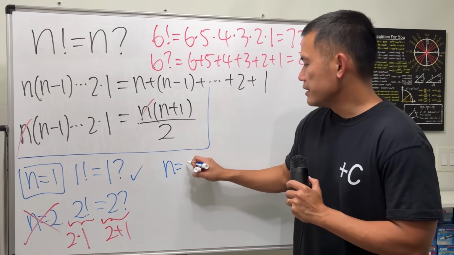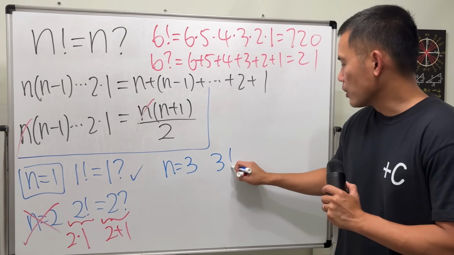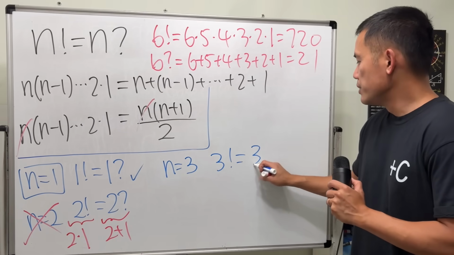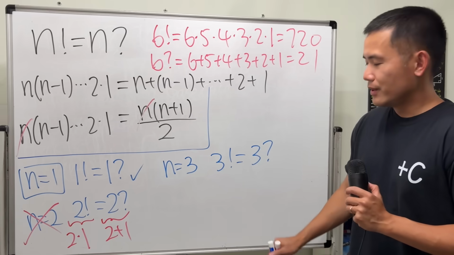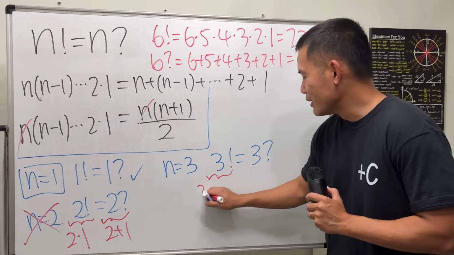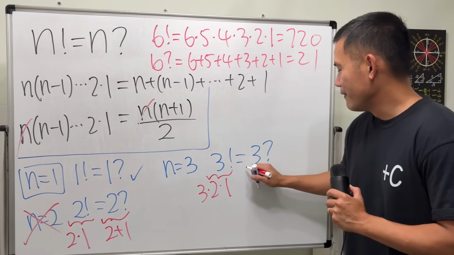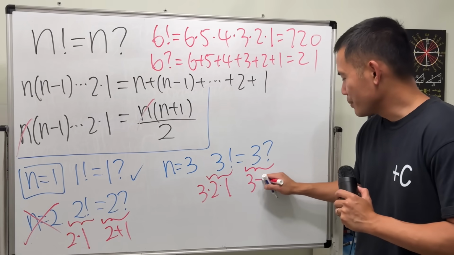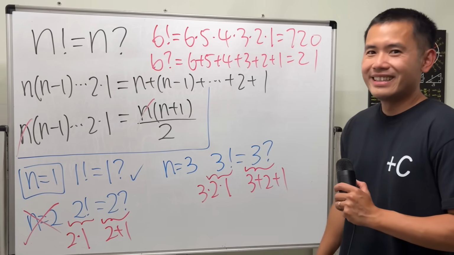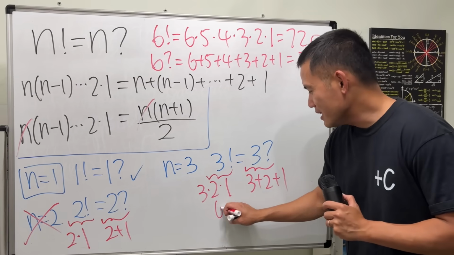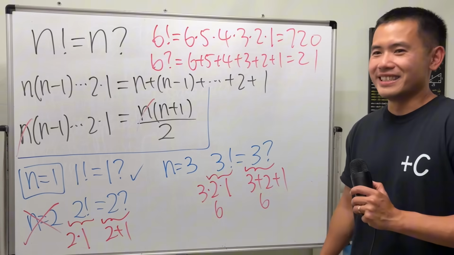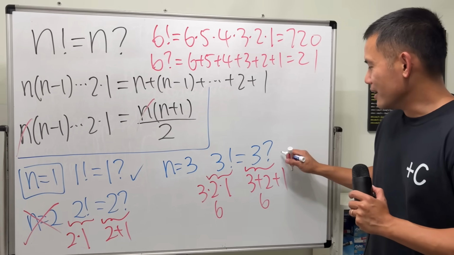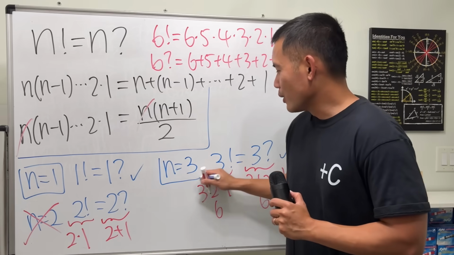And when n is equal to 3, 3 factorial versus 3 terminal: we have 3 times 2 times 1 versus 3 plus 2 plus 1. This happens to be 6, and likewise this happens to be 6. So for this one, it does work. This is also a solution.